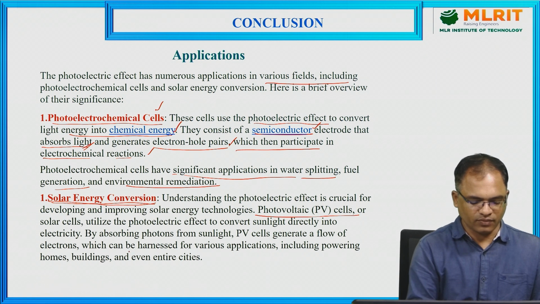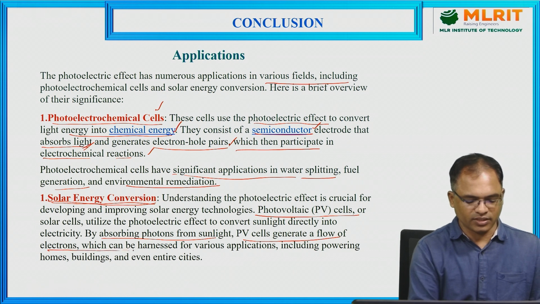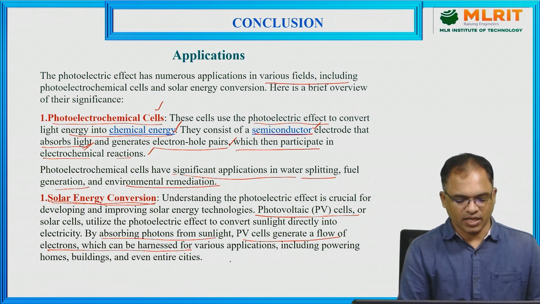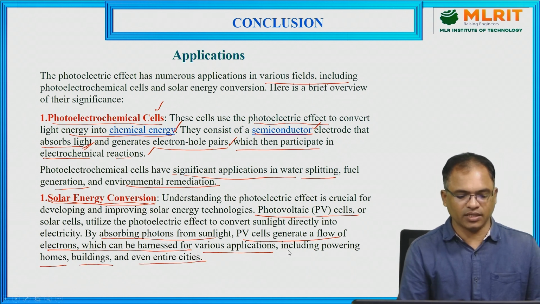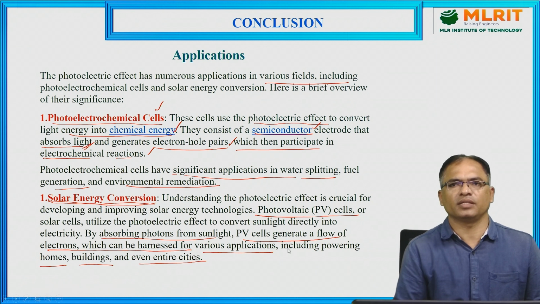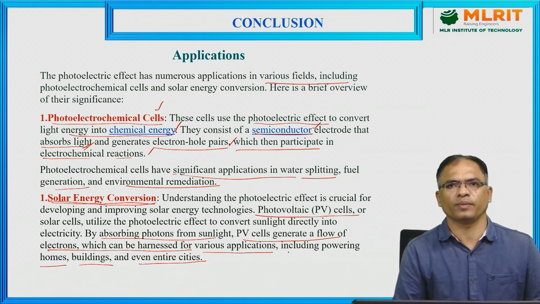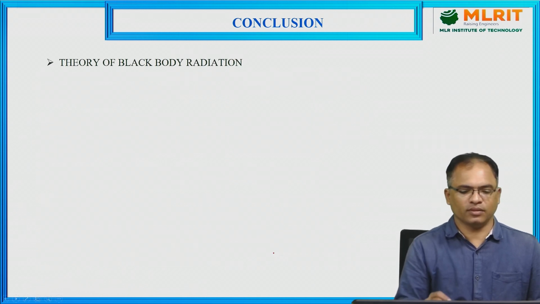These photovoltaic cells absorb photons from sunlight, so that a flow of electrons takes place, which is harnessed in various applications including powering homes, buildings and even entire cities. That is, photoelectric effect is used in converting light energy into electrical energy. So that is how photoelectric effect is utilized in day-to-day activities. So now the conclusion.